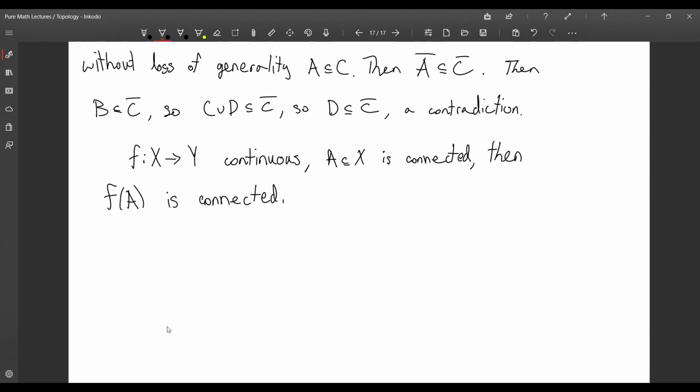And once again, you would prove this by contradiction. You would say, suppose we have a separation of f of A, then we can derive a contradiction from that.